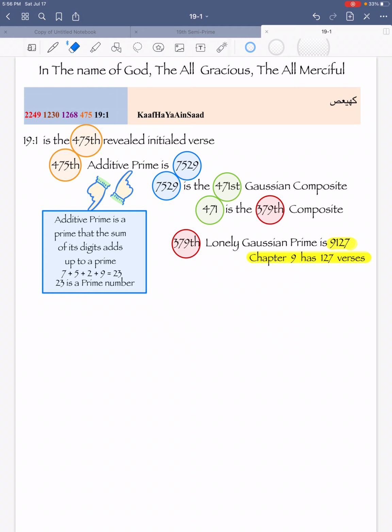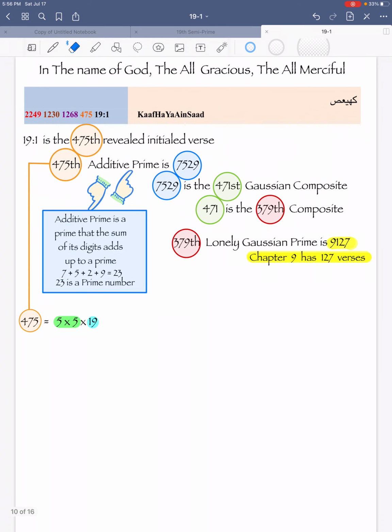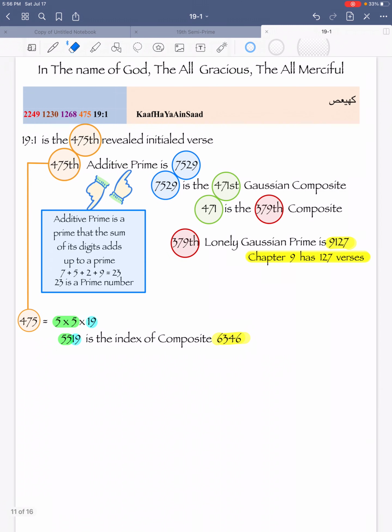Let's take a look at number 475. Remember, 475th revealed initial verse? 475 is equal to 5 times 5 times 19. Well, if we concatenate these numbers, we get 5519, and that 5519 is the index of composite 6346.